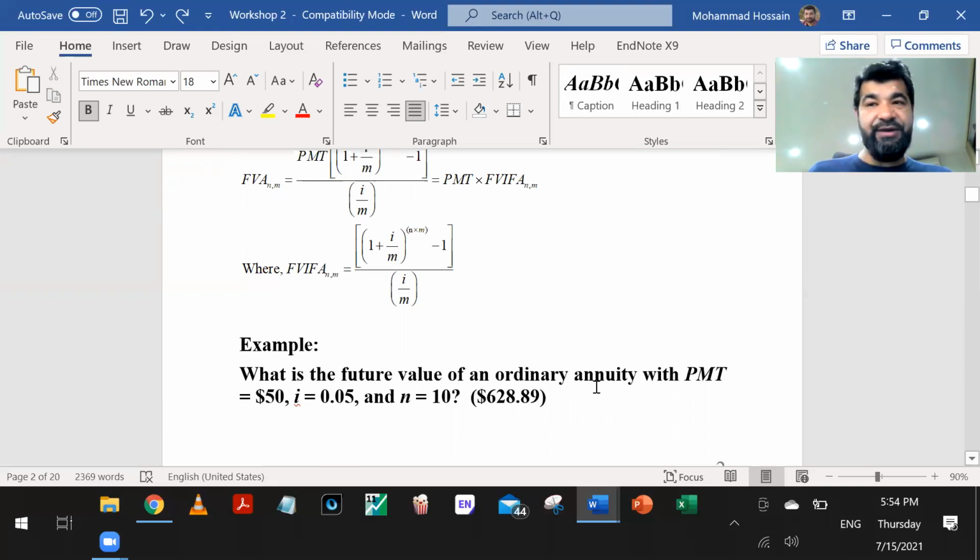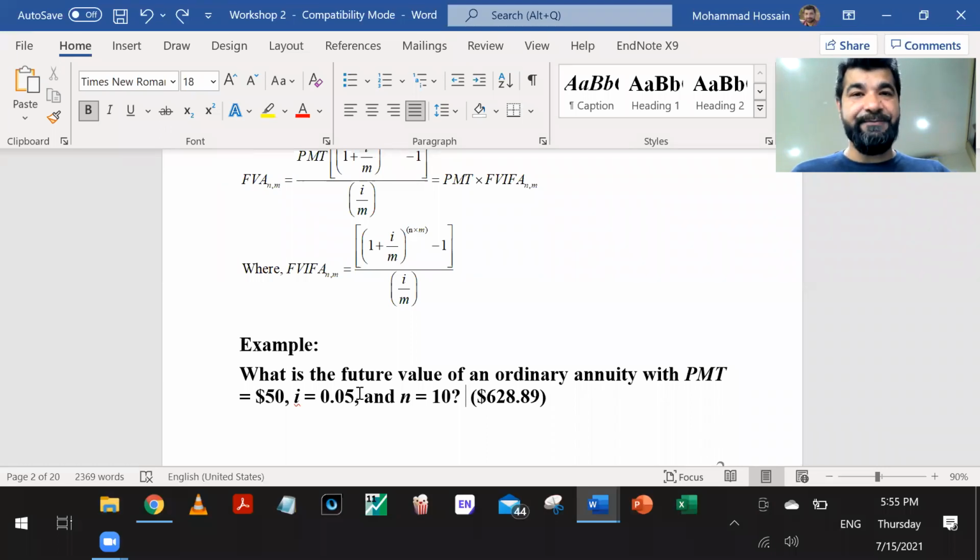Here they did not mention how it is compounded. I will assume yearly, because the interest rate is normally calculated on a yearly basis. 5% means $5 interest on $100 in a year. Percentage is actually yearly, unless they mention compounded monthly, semi-annually or half yearly.